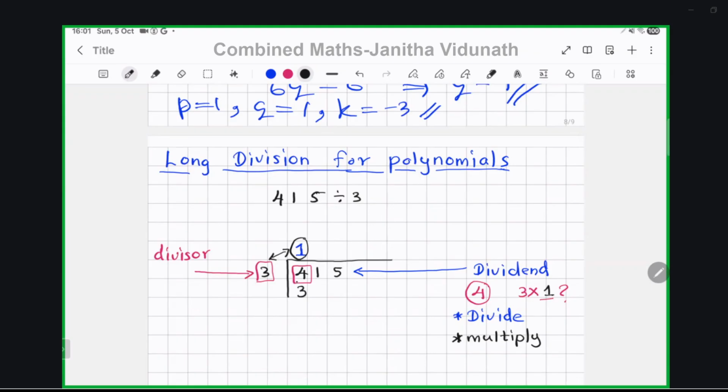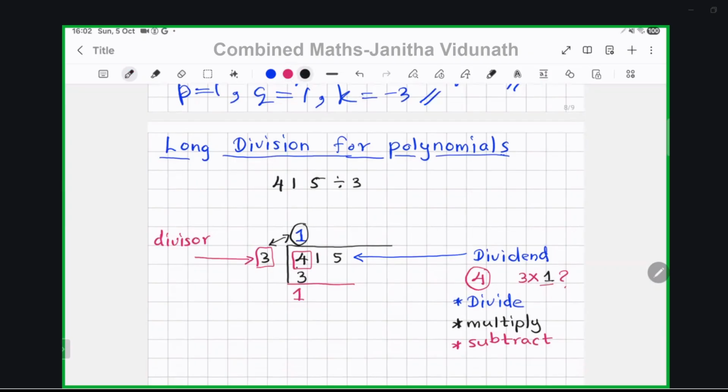Okay. Then we subtract these two. We subtract 3 from 4. Then we get 1. The next operation we have done is subtract.